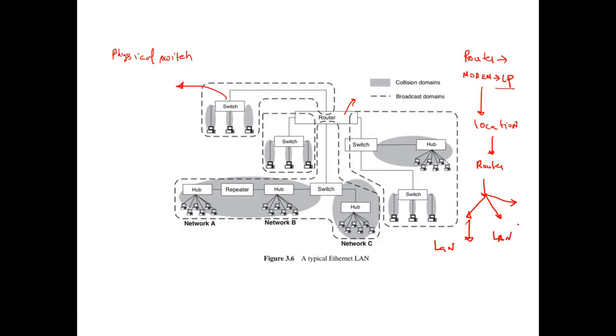The modem is the thing which brings internet to your home. It has a unique network ID and a host ID. So this is what brings internet to your home.